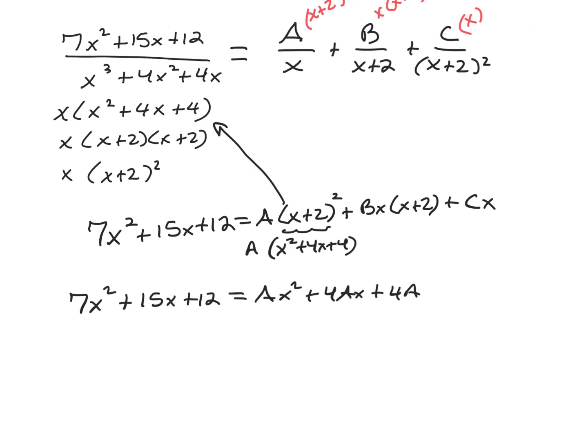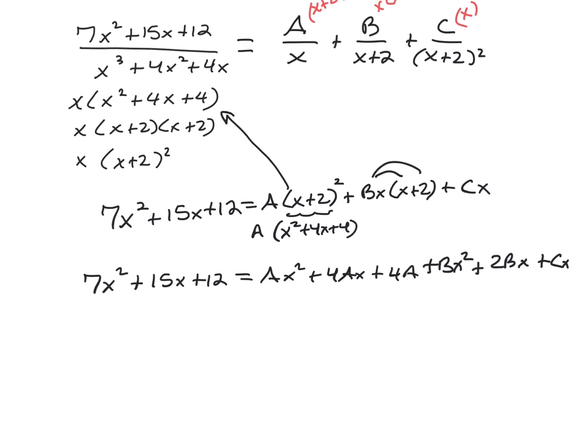Now I need to distribute the bx. Bx squared plus 2bx plus cx. And now I make my three equations: one with all the x squareds in it, one with the x's, and then one with the constants. So again, get all the x squareds.